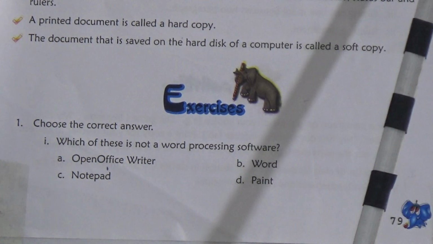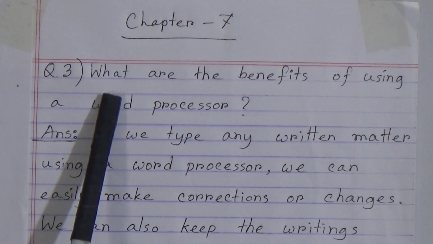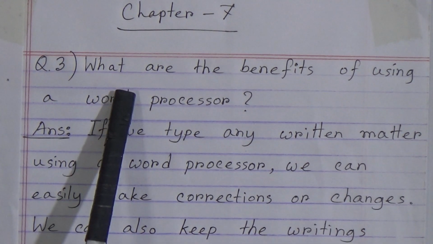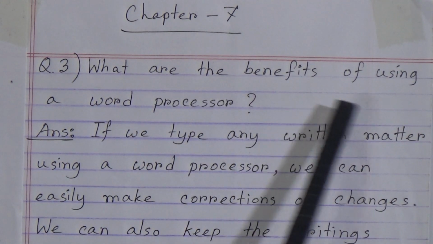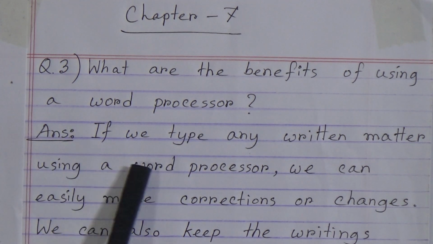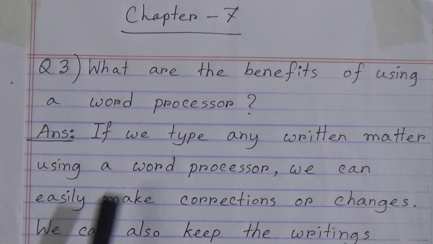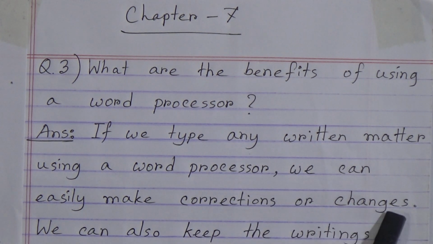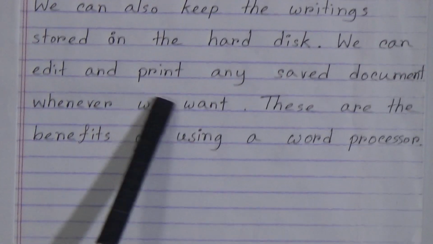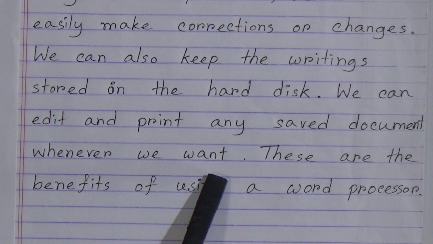We have done questions number 1 and 2 before, and now we will do question number 3 from Chapter 7. Question number 3 is: what are the benefits of using a word processor? Answer: if we type any written matter using a word processor, we can easily make corrections or changes. We can also keep the writing stored on the hard disk. We can edit and print any saved document whenever we want.